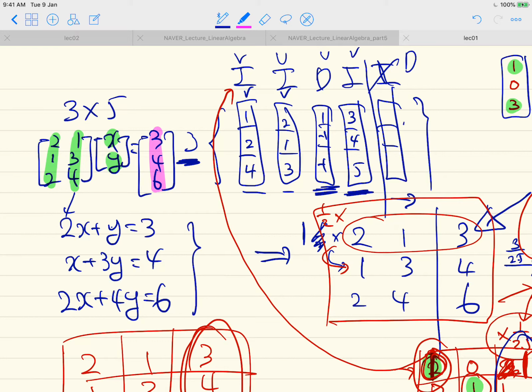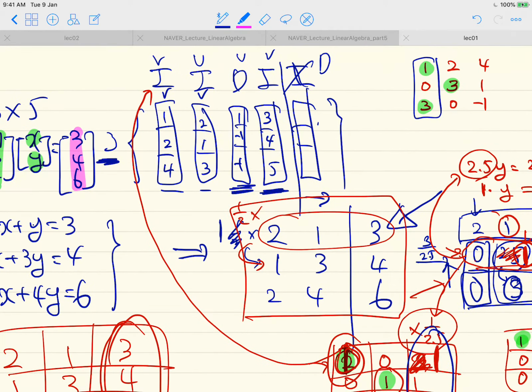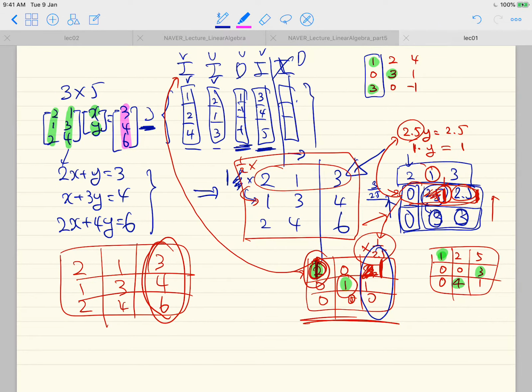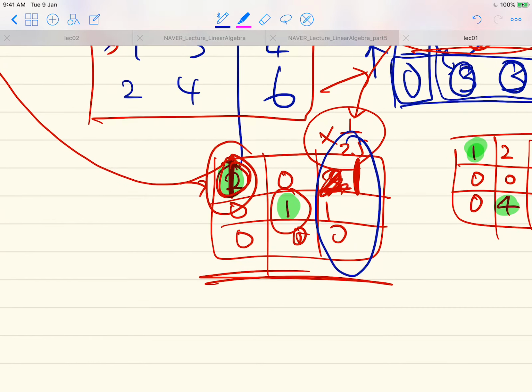So this is another review point, which we studied in undergraduate level linear algebra. But what is the pattern here? Here we have pivots and no pivots.